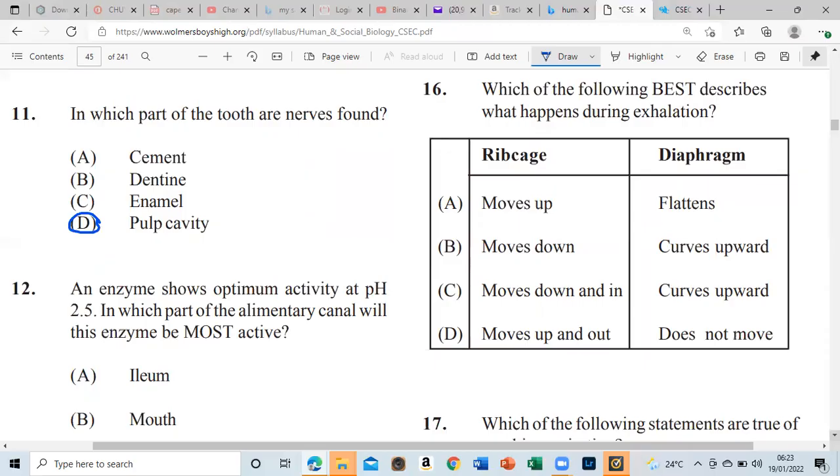Which is it, guys? Type that. And number 16 is C. So number 16 is C. Let's move on to number 17.